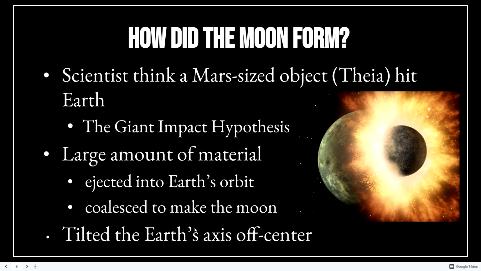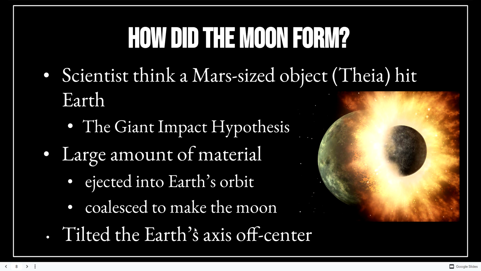All of that material was kept in the Earth's atmosphere and in the space around Earth's atmosphere because of the gravity of Earth. Kind of like the rings of Saturn, except there was enough of it that it all coalesced and formed a solid rock, which is now known as the moon.